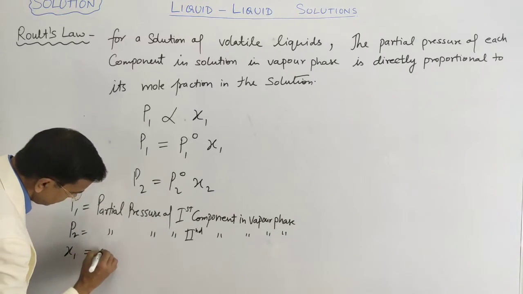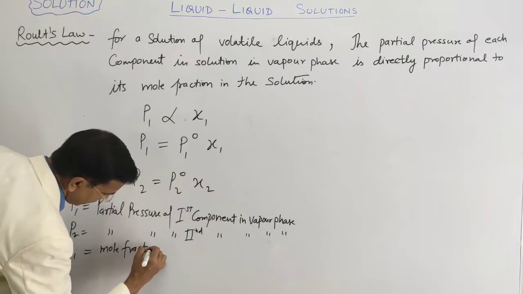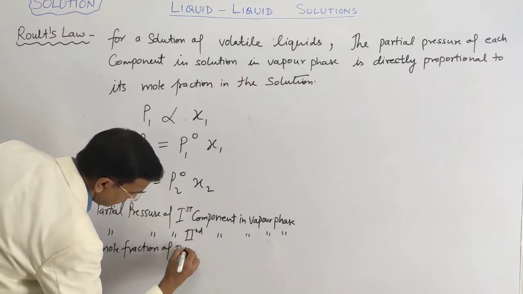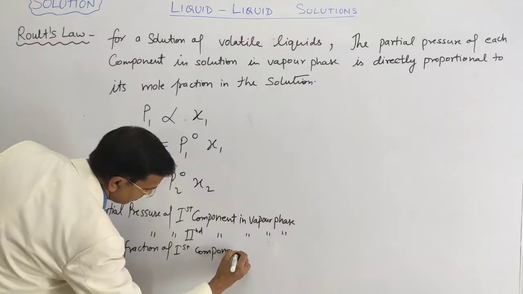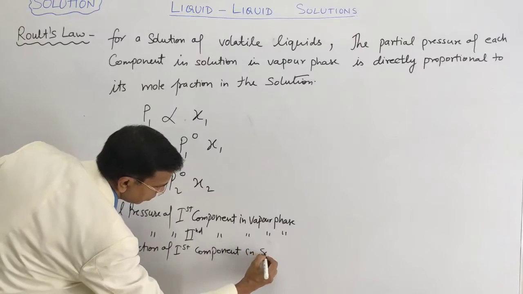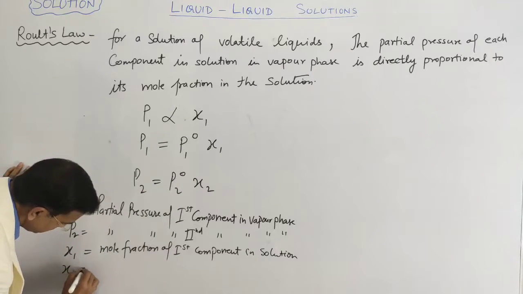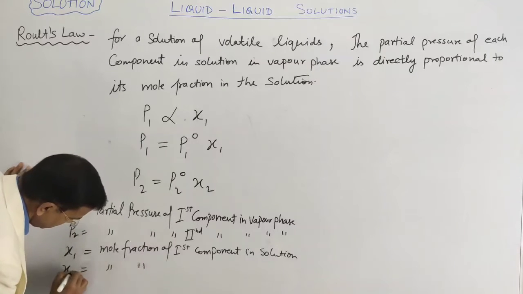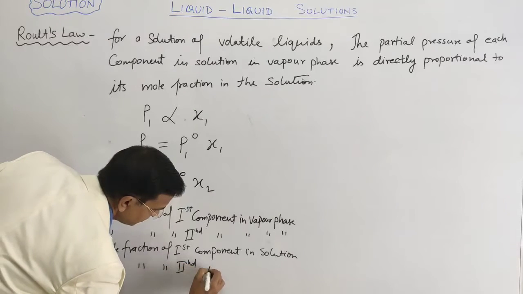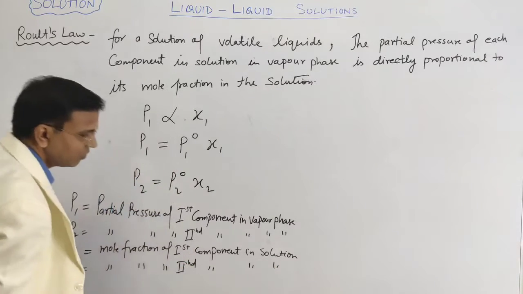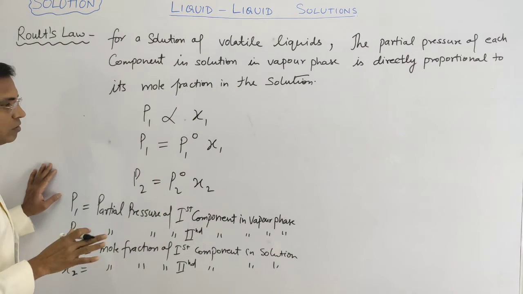X1 is equal to mole fraction of first component in solution, and x2 is equal to mole fraction of second component in solution, right? So this is according to Raoult's law.